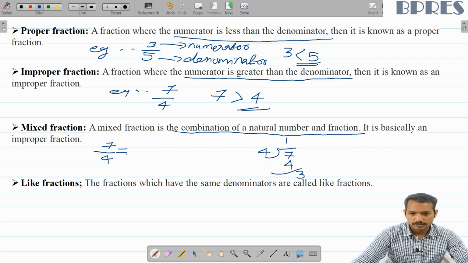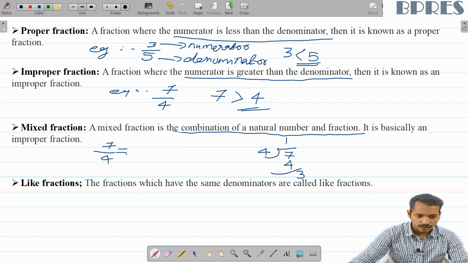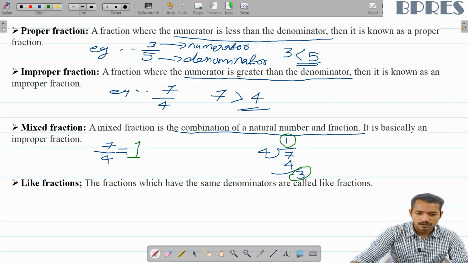So take the quotient as the whole part, so 1, and the remainder as the numerator of the fraction part, 3, divided by the divisor as the denominator of the fraction part.